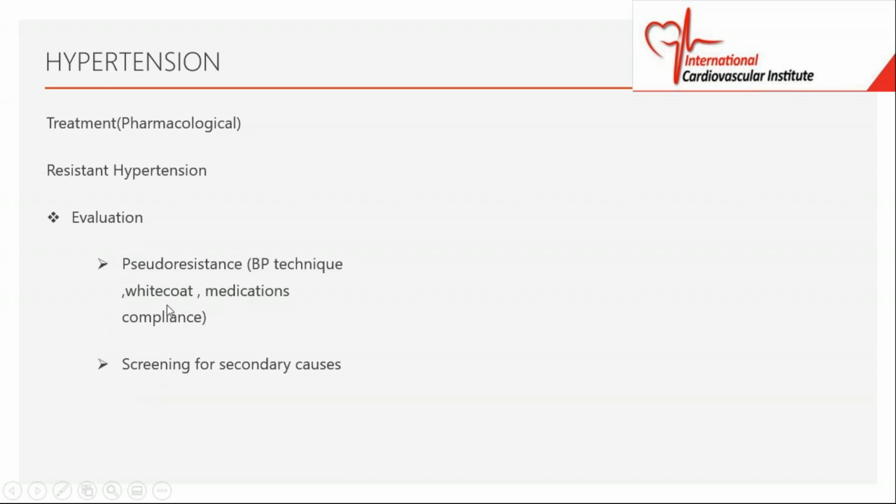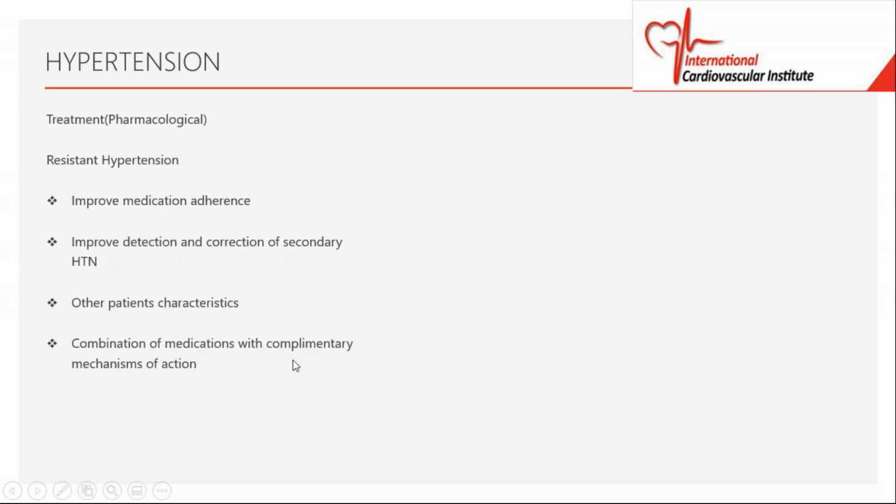If you do all of that and the blood pressure is really not controlled, then you have to look for secondary causes. We had an extensive lecture looking at secondary causes of hypertension: primary aldosteronism, obstructive sleep apnea, kidney disease, pheochromocytoma, Cushing's disease, thyroid.